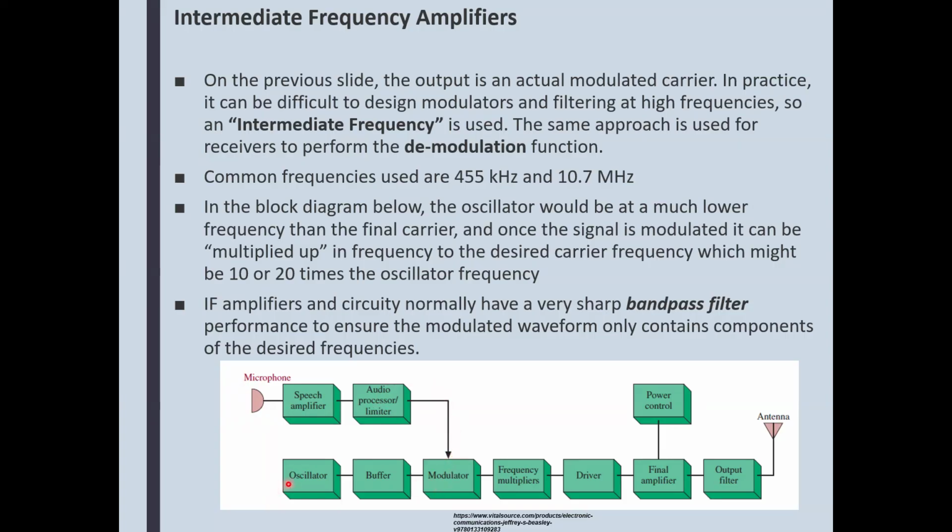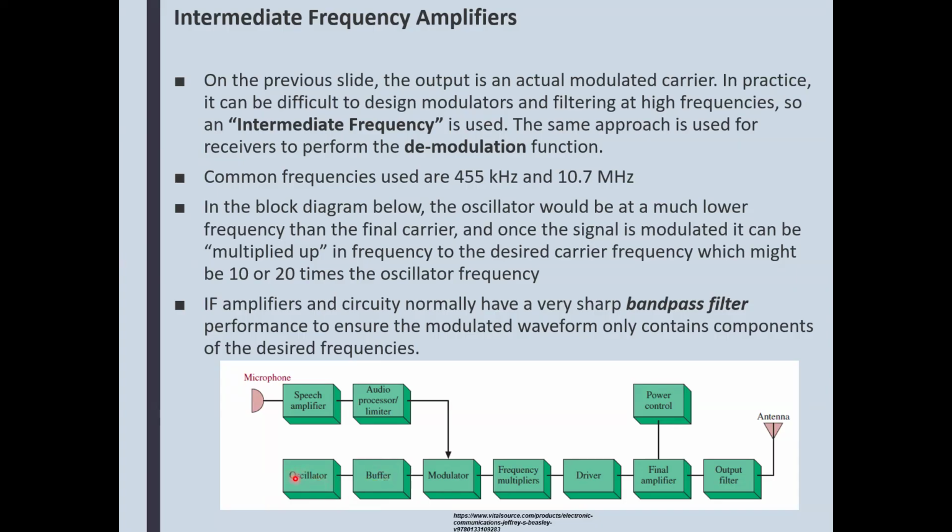Then we have the oscillator, the oscillation circuitry. We could have an oscillator and then a tank circuit to amplify whatever we need. It goes through a buffer just to provide some sort of isolation between those stages here.